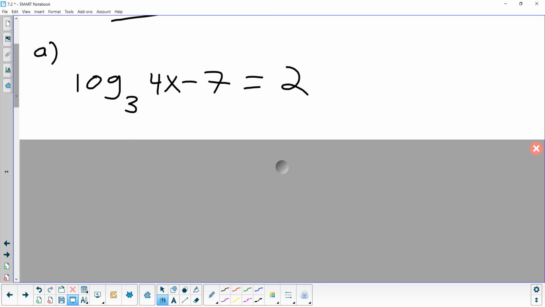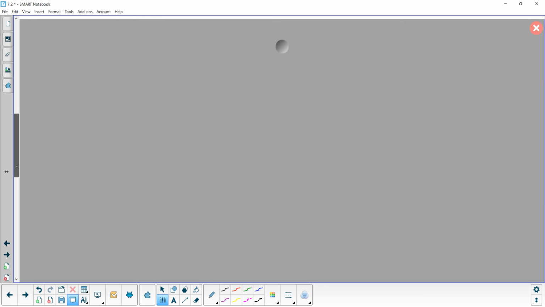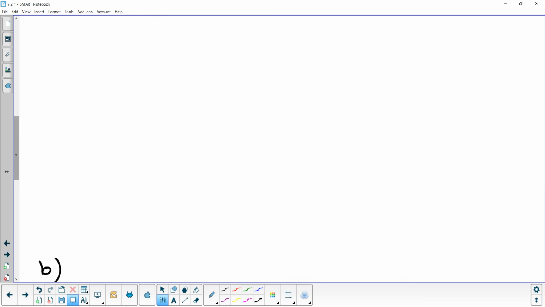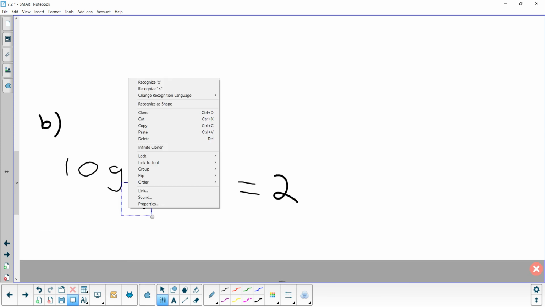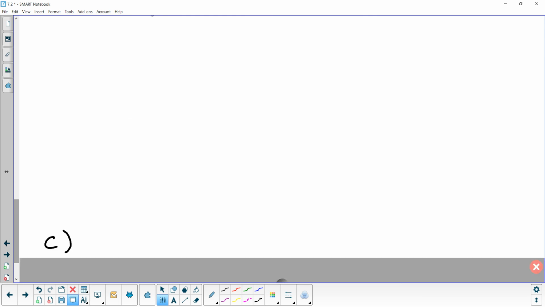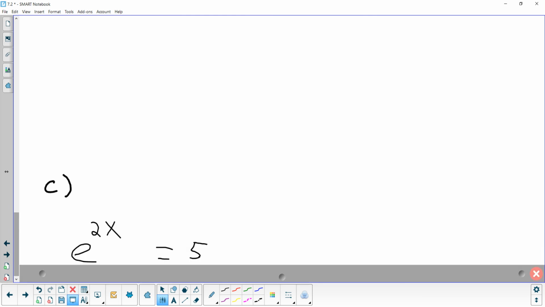Let me give you a preview of the last 3 problems we're going to do. This problem has a variable inside the argument. The next one is going to have a variable, but it's going to be in the base. And the third one will have a variable in the exponent.